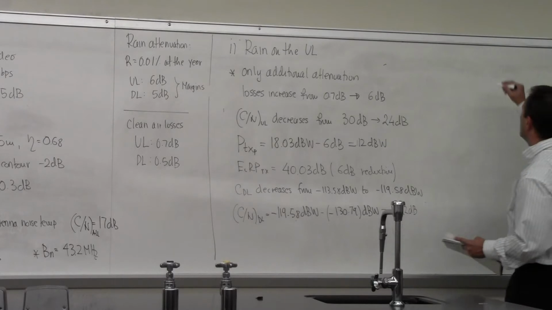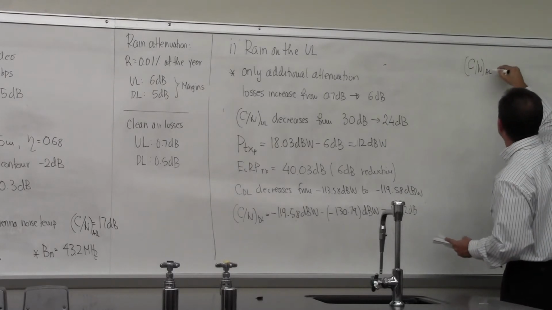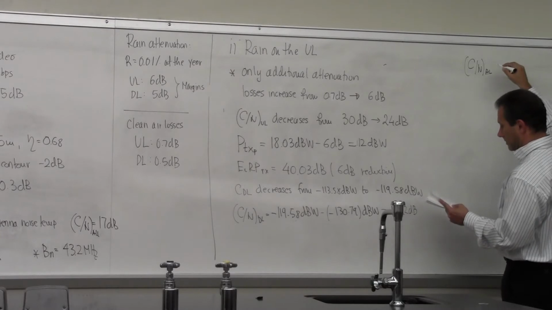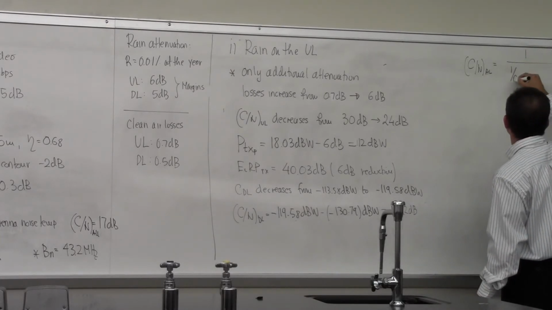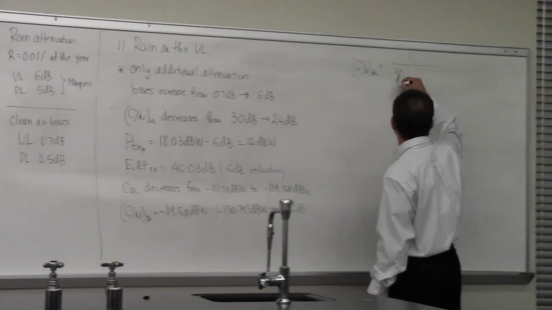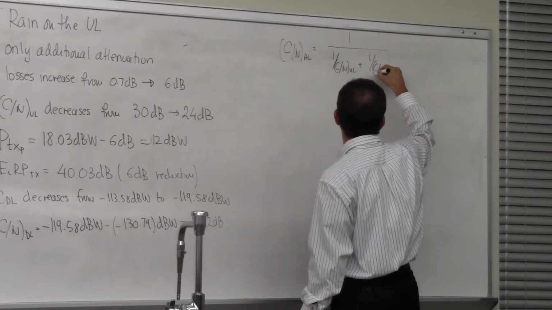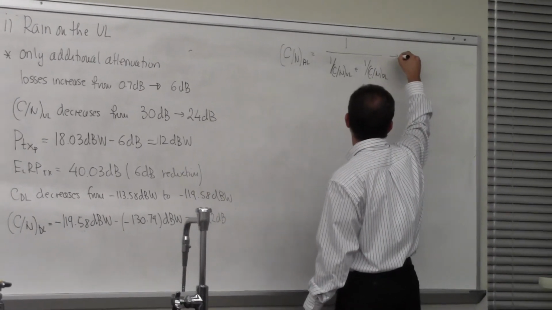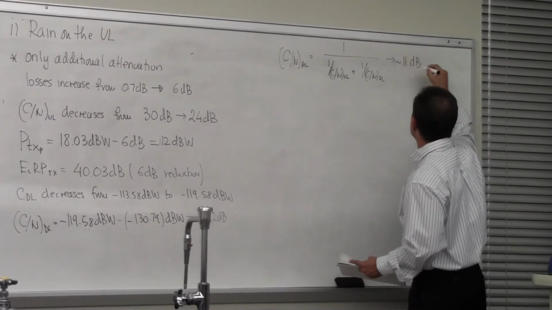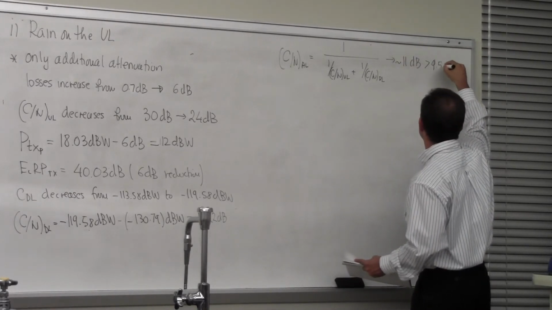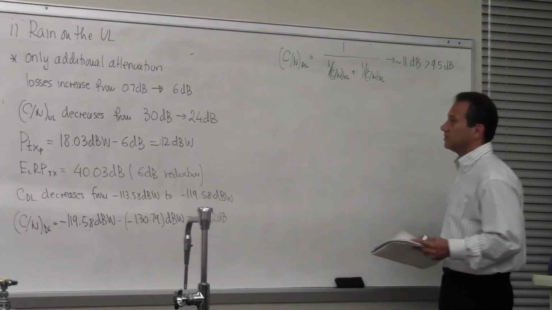And then your overall C to N, which is 1 over C to N on the uplink plus 1 over C to N on the downlink, works out to be around 11 dB, right? Which is greater than the 9.5 dB required for the signal transmission.